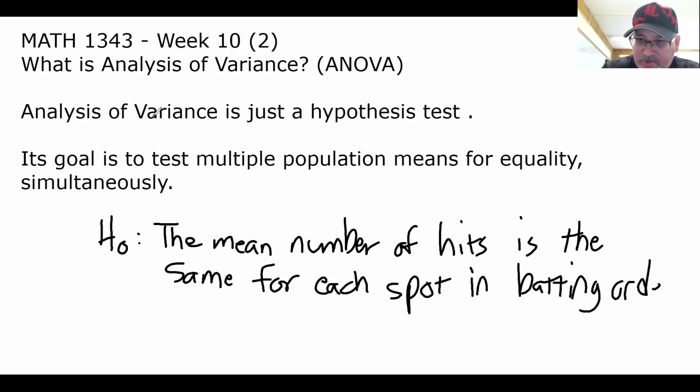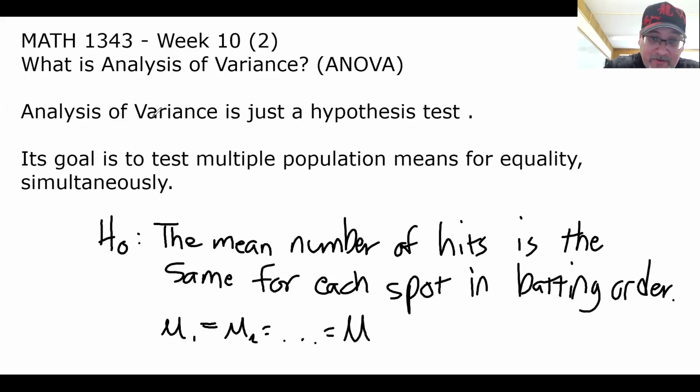And we could also write this in terms of mu's. We could say mu1 for the mean number of hits from the first position is equal to mu2 is equal to, and then we could use some ellipses and go all the way to mu9.